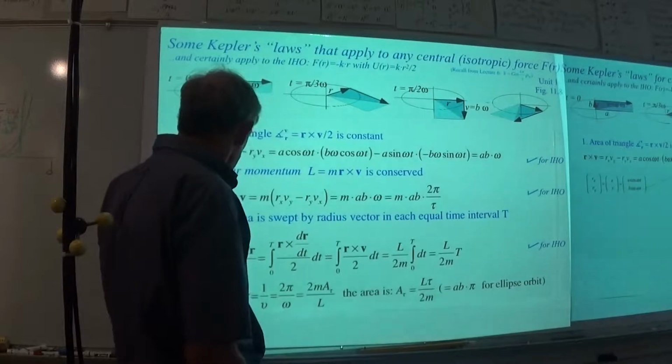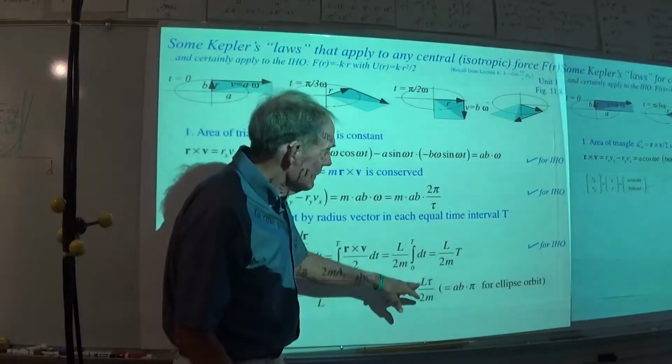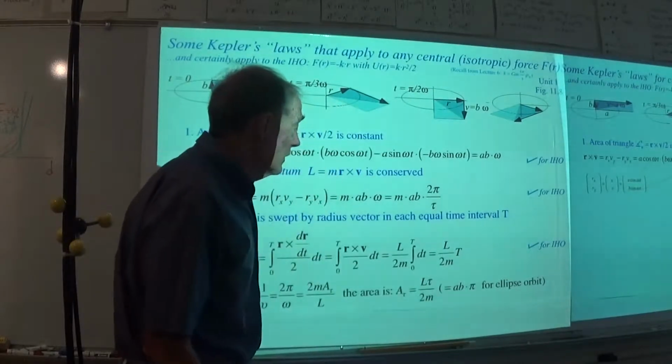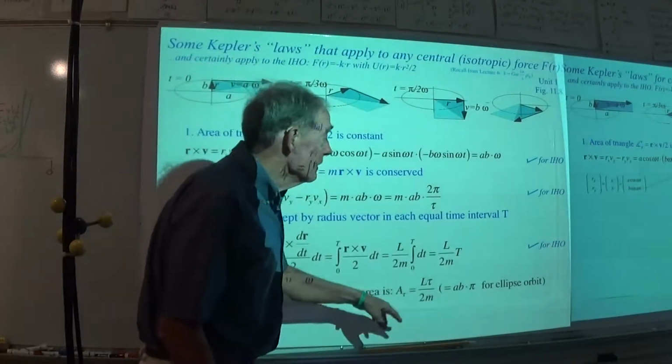Basically, what this is saying is in one period, this thing for the ellipse orbit works out to be this area on the ellipse.